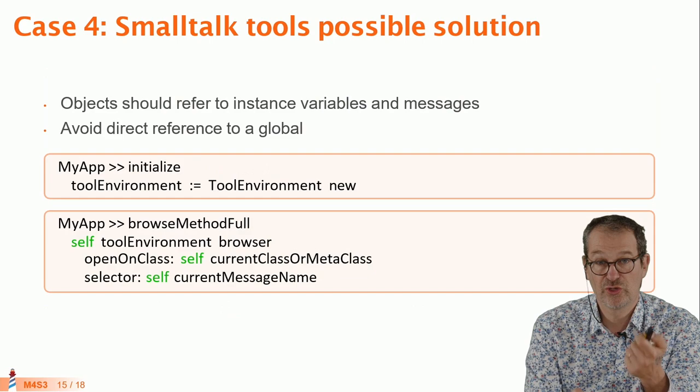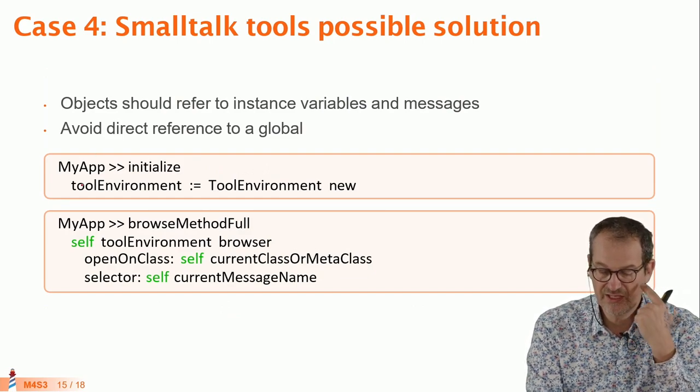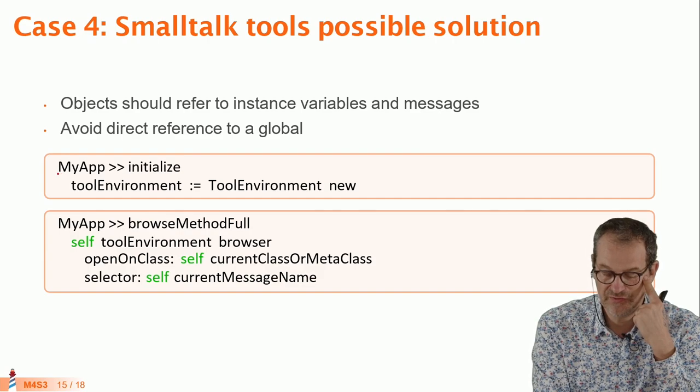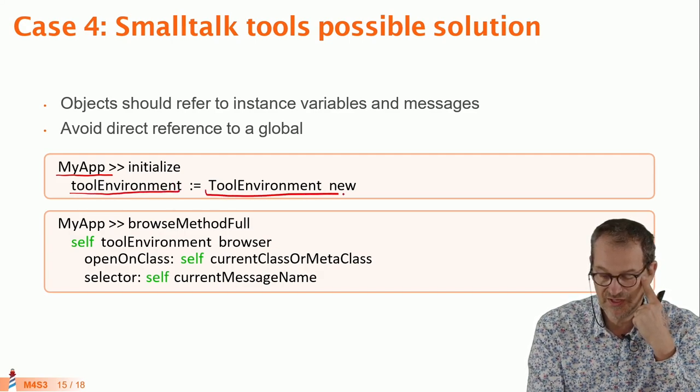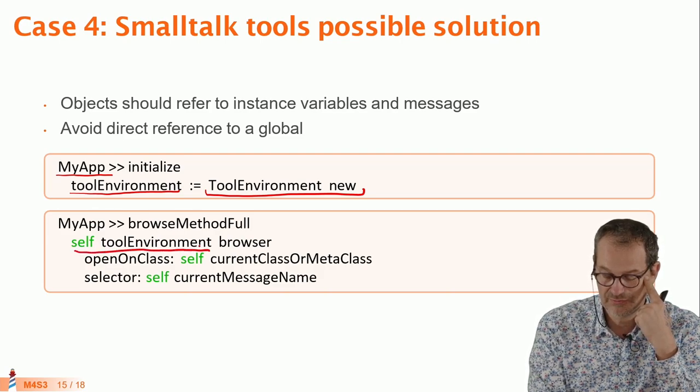So what is the solution? A possible solution is that the IDE of Pharo should be defined as an application, and that this application should, for example, have a tool environment instance variable, instantiate the tool environment, and then after, just do that. Which will be okay, because it means that each application will be able to dispatch.